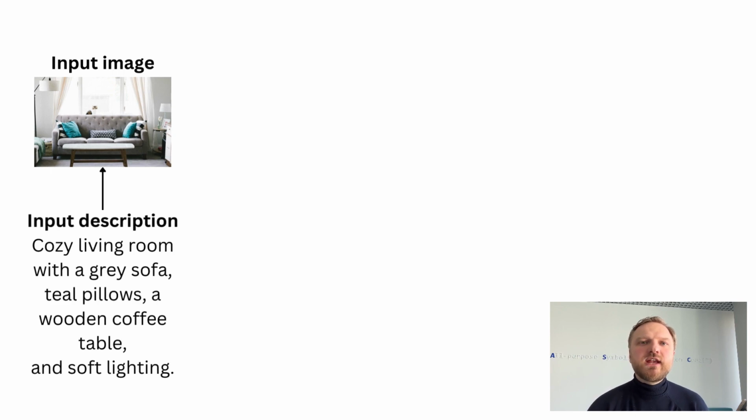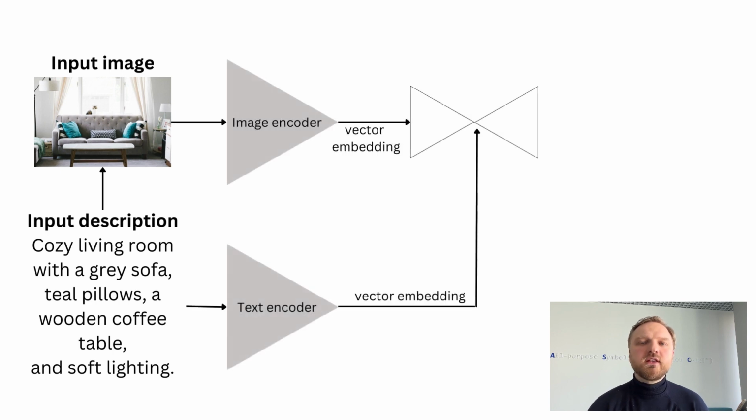Basically, during the training process, the text and image pairs, for example, this picture of the sofa with the corresponding description, are encoded into high-dimensional vectors using a transformer-based text encoder and an image encoder respectively.